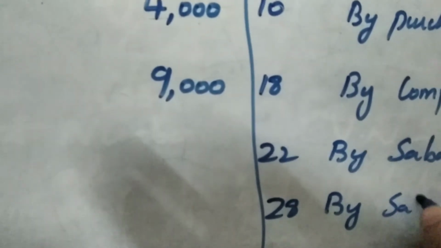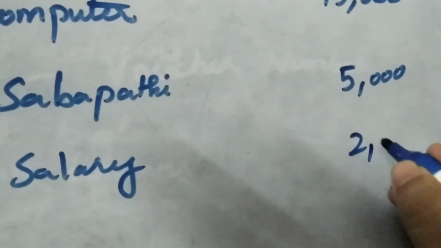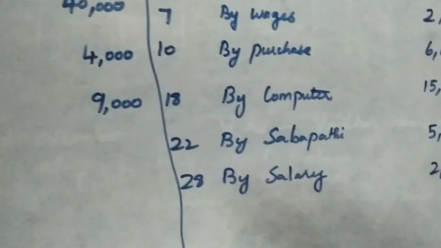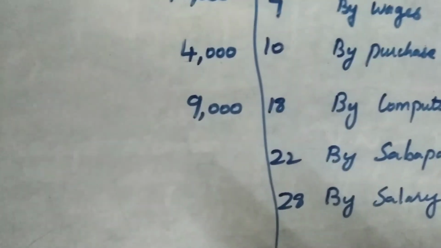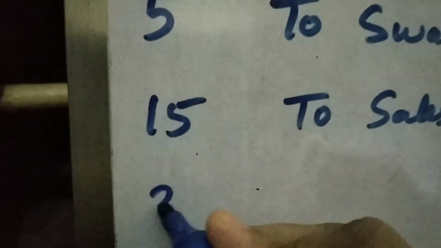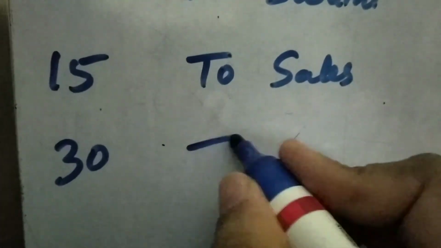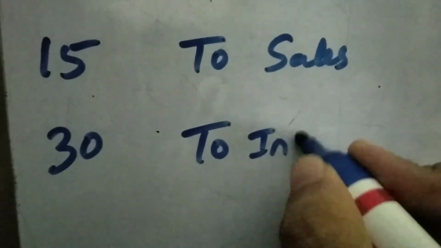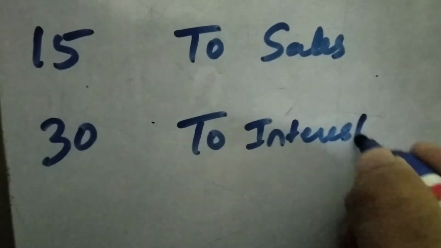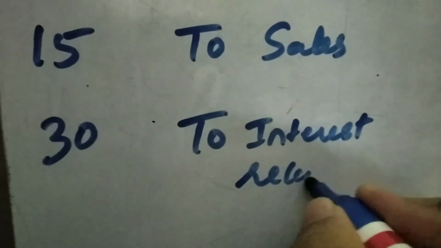By salary, 2,500. Then last one, interest received 500. 30th, to interest received.